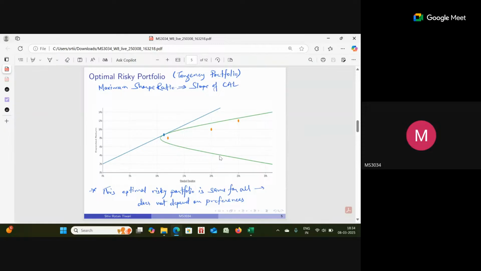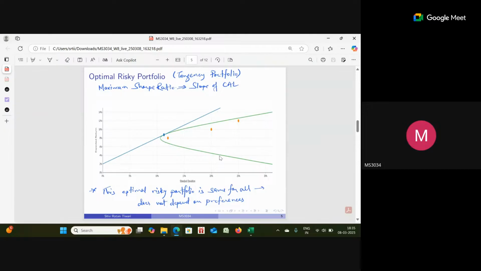Now one interesting thing you should observe is that when we are deriving this optimal risky portfolio, there is no discussion of preferences. That means any individual's preferences are not impacting this optimal risky portfolio, which is made by combining only risky assets.